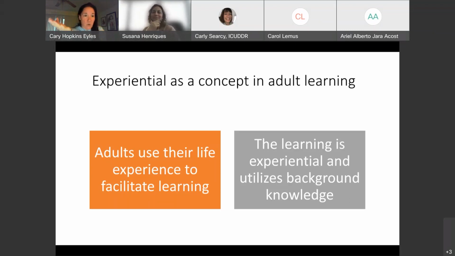But the other part of the coin is that when we teach, we want to provide opportunities for experiential learning. So there's really kind of twofold with this. And what's exciting when we can embrace experiential learning as an educator is, like in my class on drugs and crime, there's a lot of new information about drugs out there, and I promise you I'm not up to date on all of it.